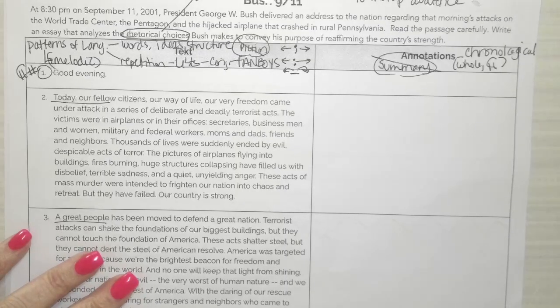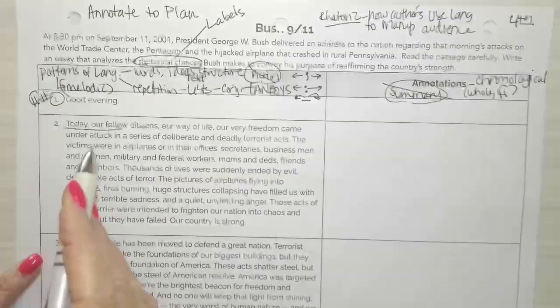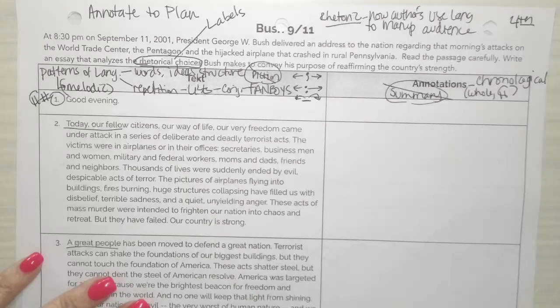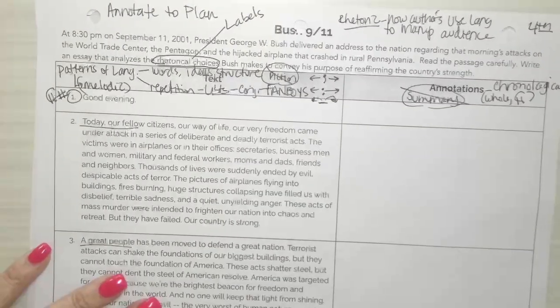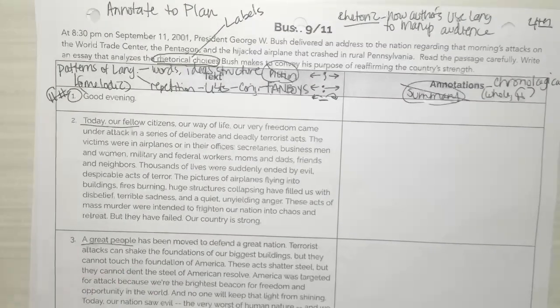Our country is strong. All right, so I look at good evening, like there's nothing to say about it, right? So if I look in that first sentence, turn to your partner, what pattern do you see in there that we could look at? You got like 30 seconds, go.